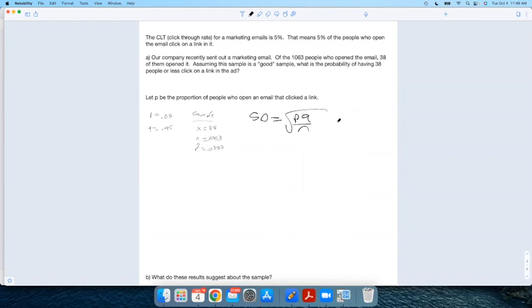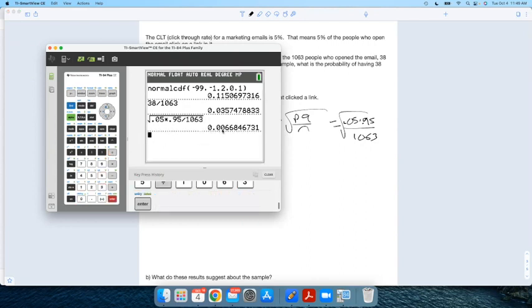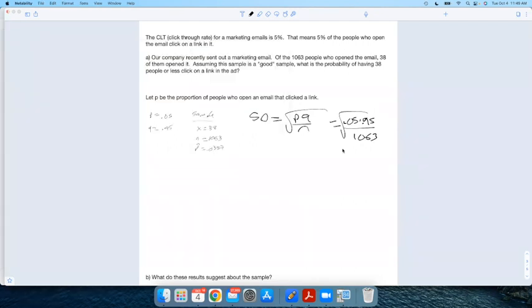Use the population numbers. 0.05 times 0.95 over 1063. This is going to be kind of a small standard deviation. 0.007, let's call it.